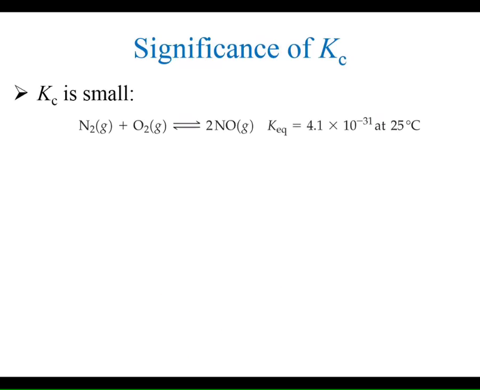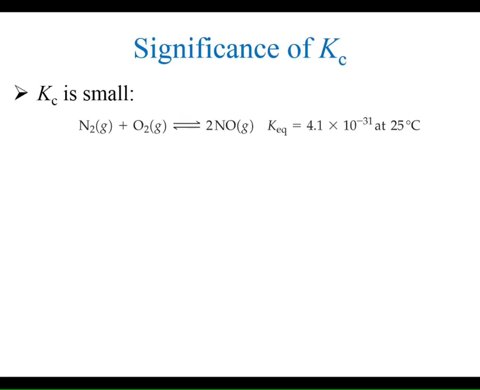How about the opposite? Let's say K was small, like 4.1 times 10 to the negative 31. That's a really tiny number. If K is really small, we must be dividing by a big number, and the bottom is the reactants.